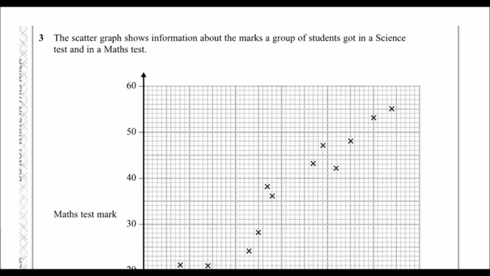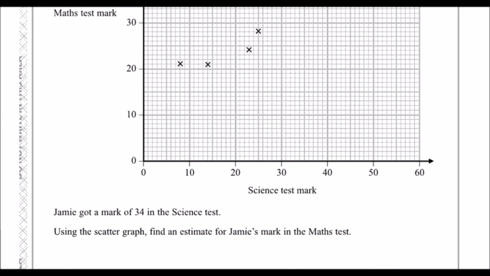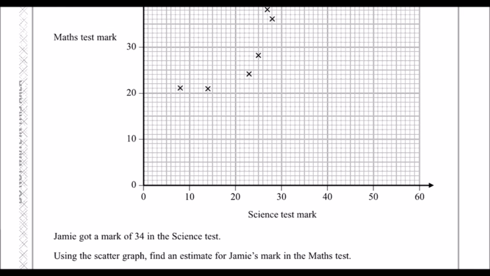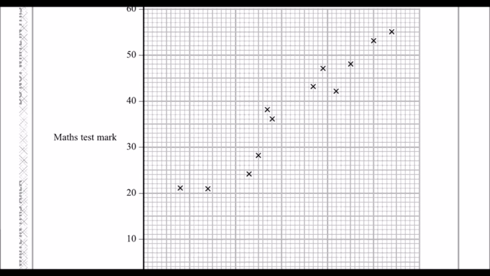Question 3. The scatter graph shows information about the marks a group of students got in a science test and in a maths test. So a scatter graph has been drawn here. And we're told Jamie got 34 in science. Use the scatter graph to find an estimate for Jamie's mark in maths.